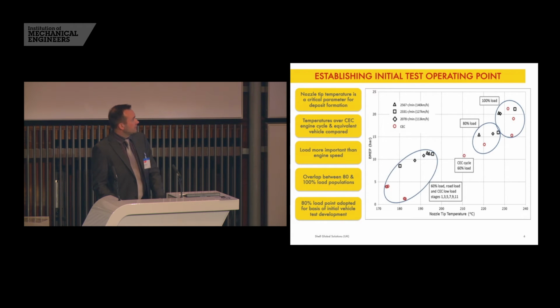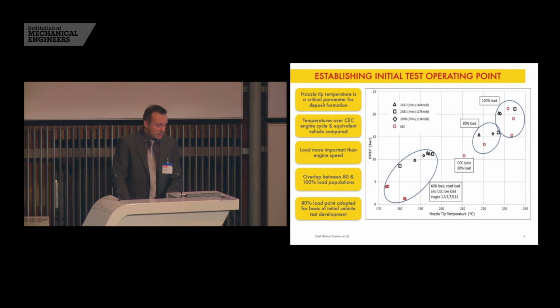So the plot shows BMEP versus nozzle tip temperature. The red circles show the CEC test operating points, the black markers are data from the vehicle, and the different shapes within the vehicle data are different speed settings.